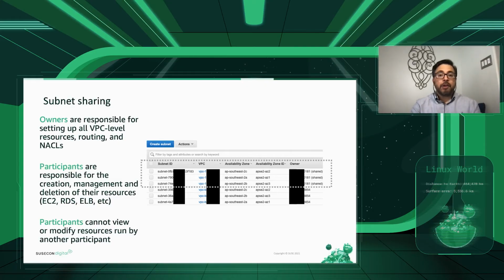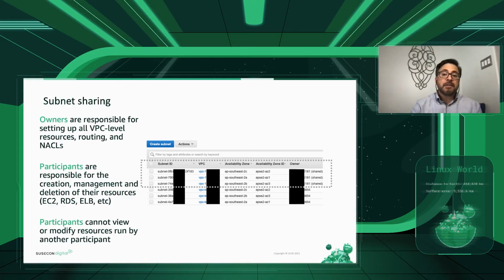Now, there are a few key points about sharing a subnet that I do need to cover. First, the owner is the account that created the VPC and shared it with the other members of the AWS organization. They are responsible for setting up all the VPC level resources, such as subnets, routing, and NACLs.